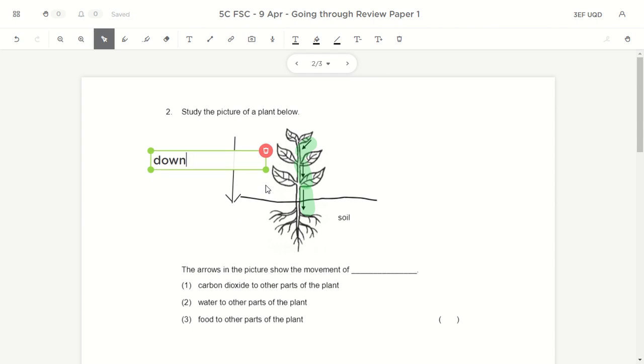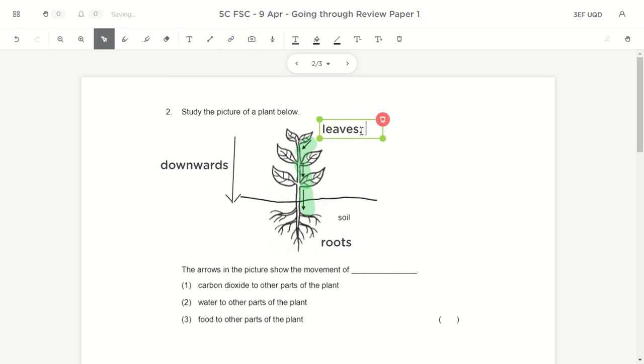So think about it, when we did the plant model, the water and food carrying tubes, what is being transported downwards from the leaves to the roots? You realize the arrows start from the leaves, and what's the function of the leaves?